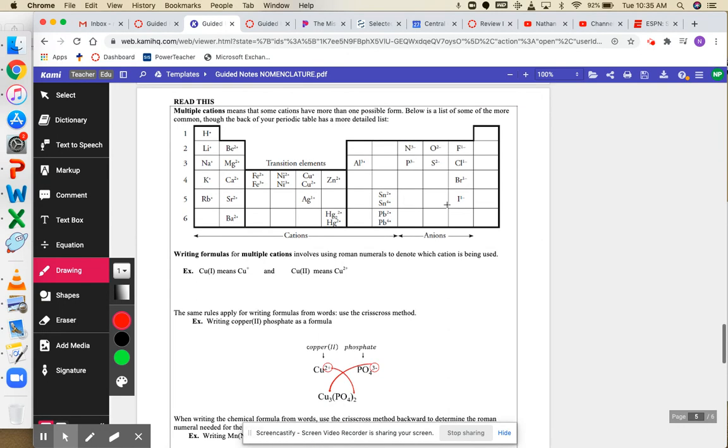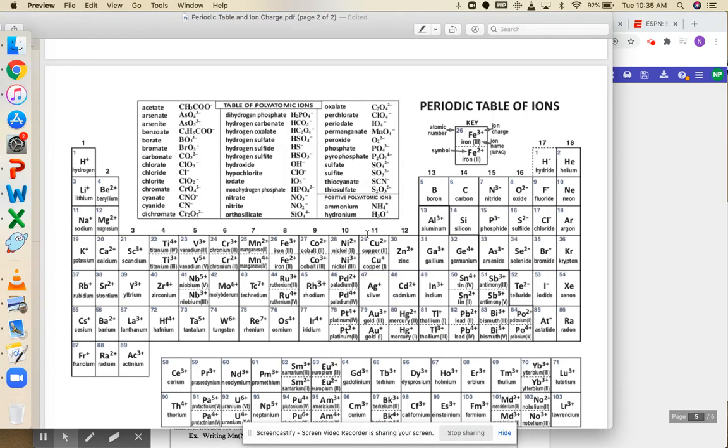Okay, now we get to the worst and most confusing part, the multiple cations. So some cations, as you can see, they're almost always transition metals, even though there are a few here that are not. These have multiple potential charges. And actually, the back of your periodic table has even more. So you can see Cu2+, Cu+, Pt4+, Fe3+, Fe2+, so on and so forth.